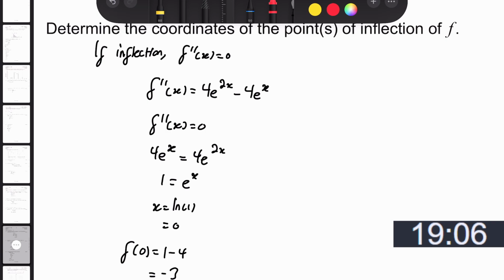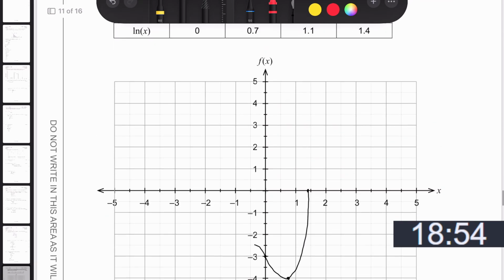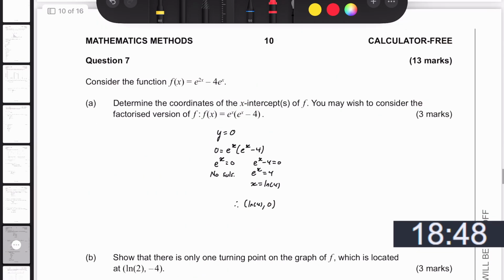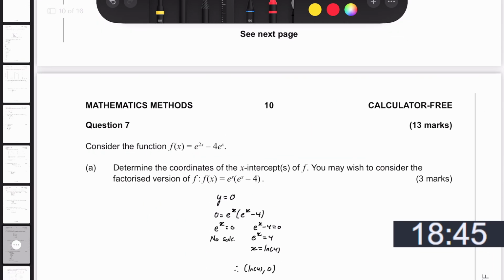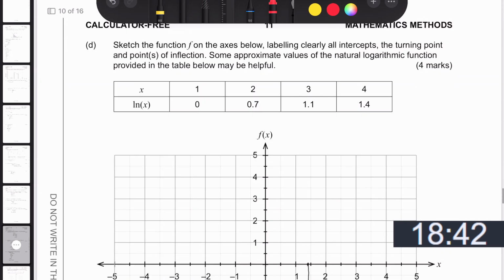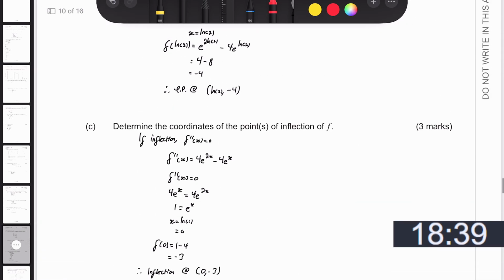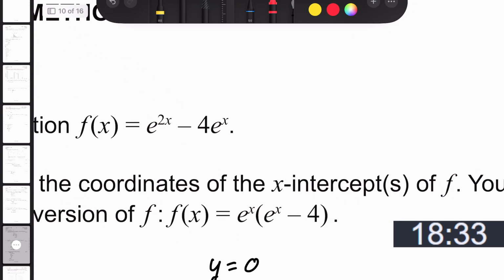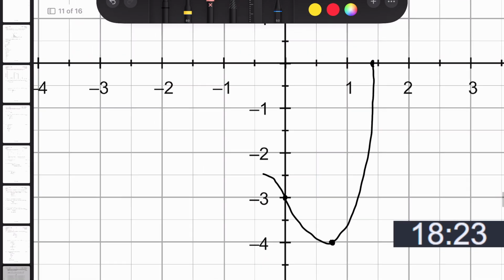E to the x doesn't equal 0. If x is 0, then that's just 1 minus 4, so negative 3. So (0, negative 3), but it's an inflection point.